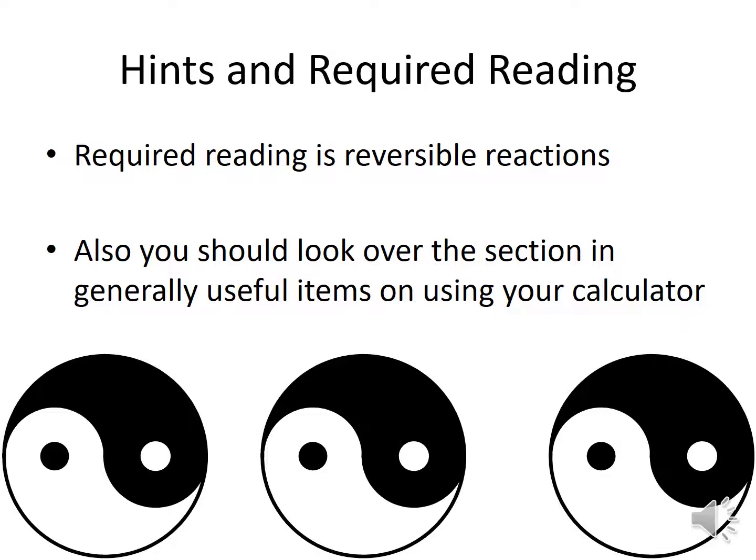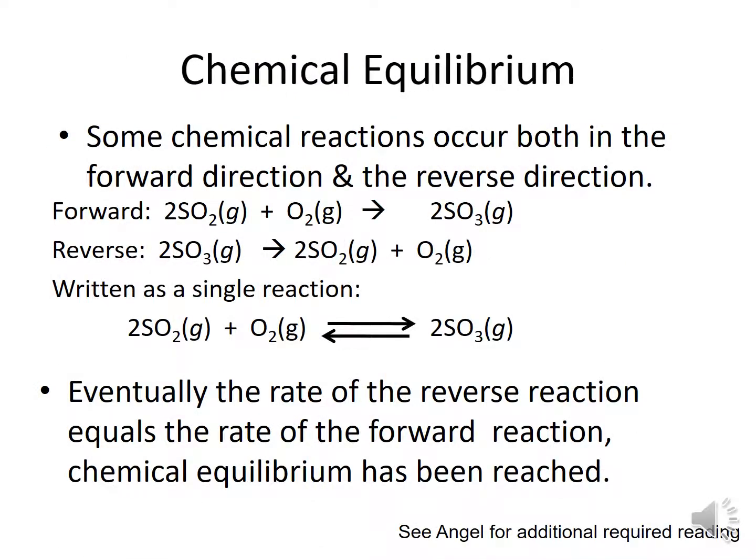Another thing you should also look over is the section on using your calculator, because we are going to be moving into moles in the next unit, and moles require you to use your calculator to show scientific notation. We're going to talk briefly about chemical equilibrium, but you should also, it says down the bottom, see Angel. Angel is actually what the Cobra now is, and so Angel was what we called the old learning system for Parkland. It's now Cobra, so if you replace the word Angel with Cobra, see Cobra for additional required reading.